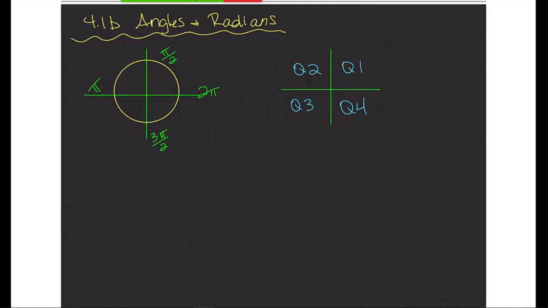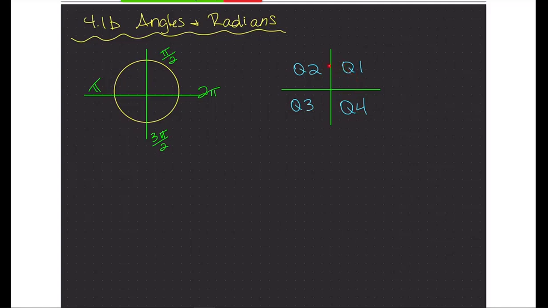So when it comes to all of our angles and radians, there's a relationship between the two. Those are our 4 basic radians, and we can figure out all the ones in between. Sometimes we can figure out which quadrant an angle is in. If my angle is in quadrant 1, it's going to be between 0 and 90.